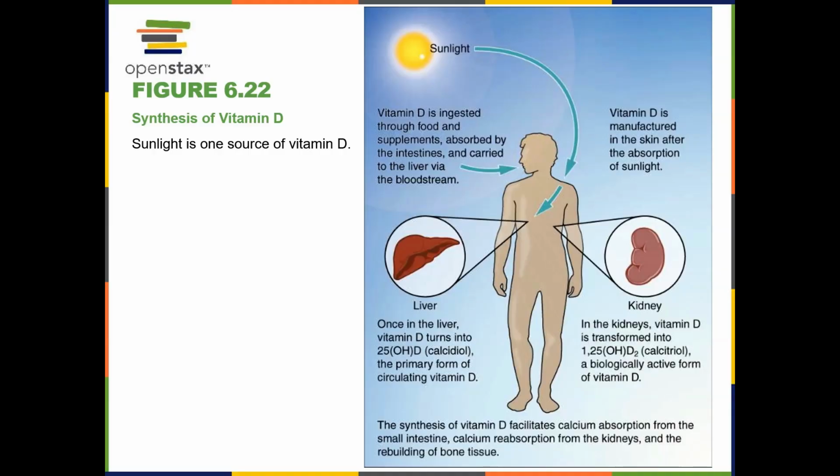And there are multiple steps of hydroxylation that are involved in activating vitamin D. A first step occurs in the liver, and then it's subsequently activated in the kidney. And this activation is under the regulation of parathyroid hormone, so that parathyroid hormone stimulates the activation of vitamin D and increases calcium absorption from the diet.